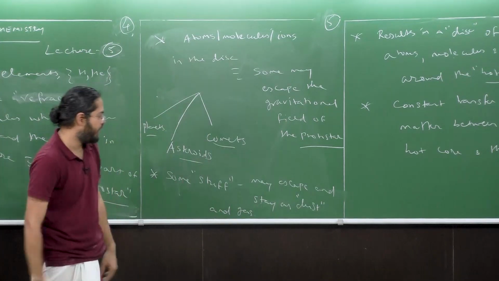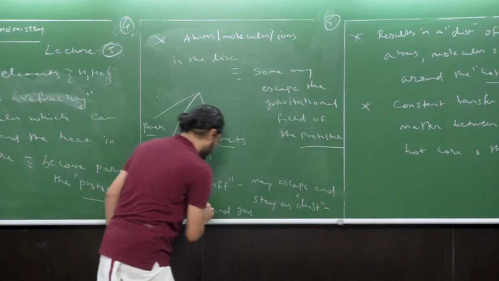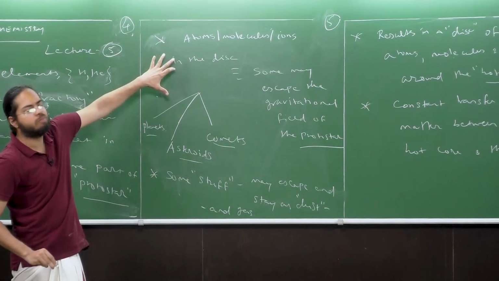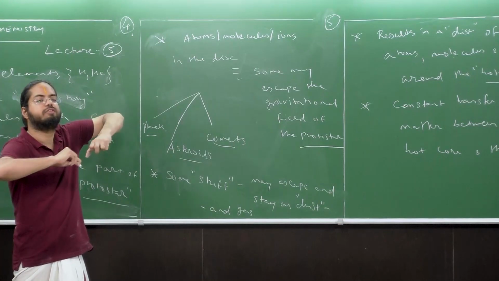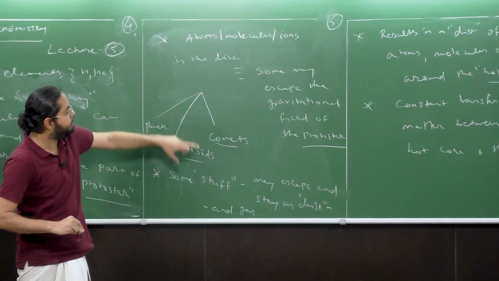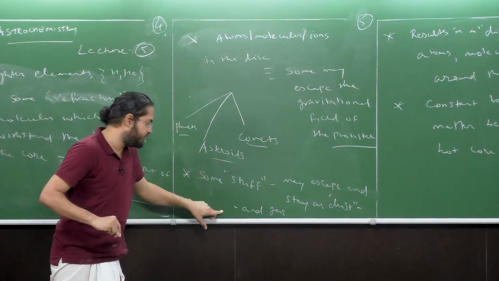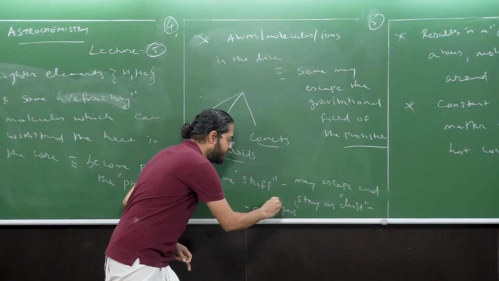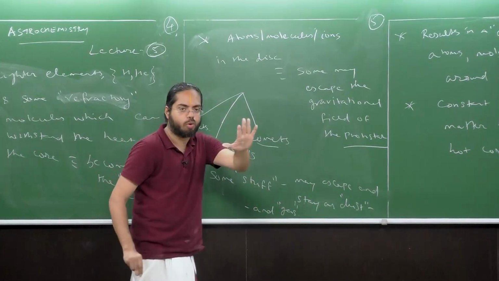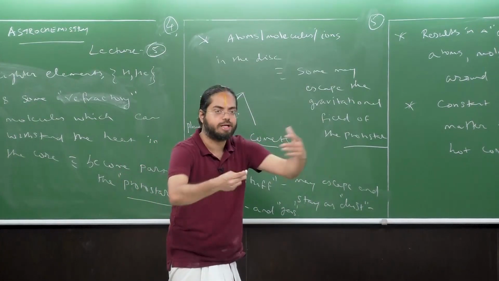Okay, right? So some molecules escape the gravitational field of the protostar to eventually become comets, asteroids, and planets. But some molecules may just stay as dust and gas. I haven't precisely defined what exactly dust and gas means, but hold on. I will do that either in this lecture or the next lecture.